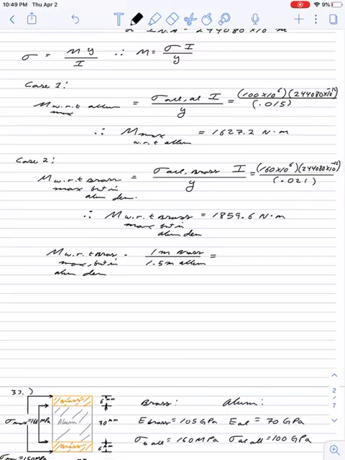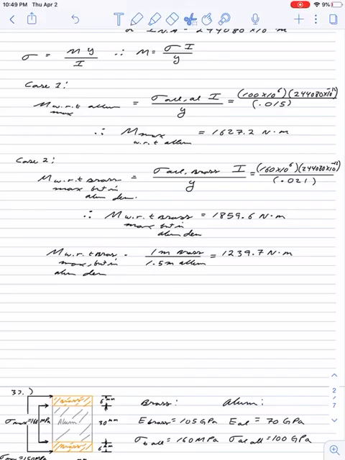So what we're going to do is multiply by that conversion, divided by 1.5, and that comes out to 1239.7 newtons per meter.